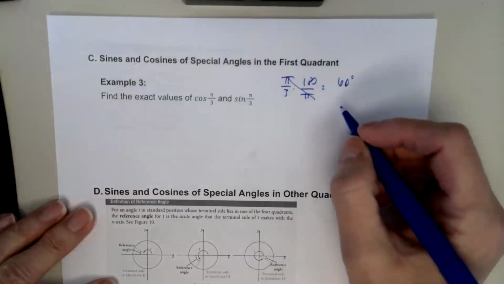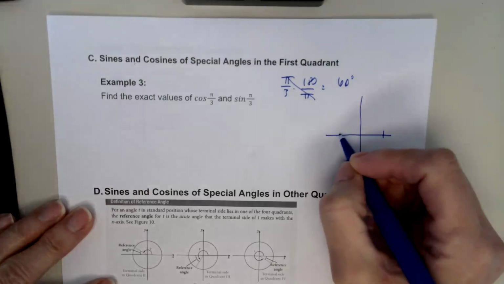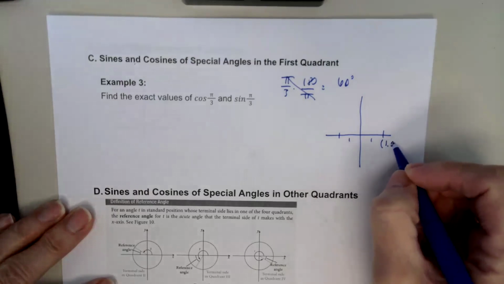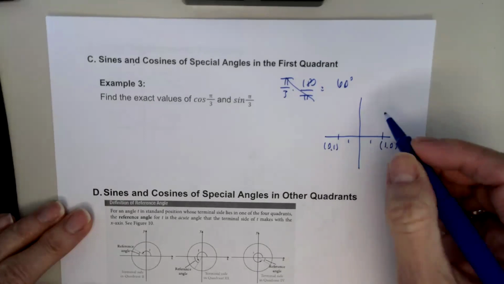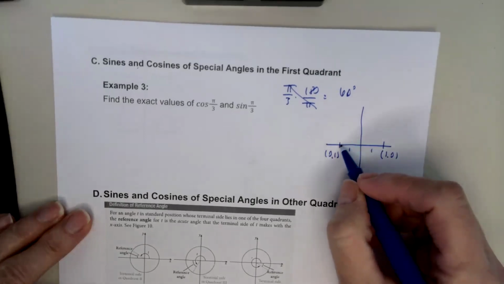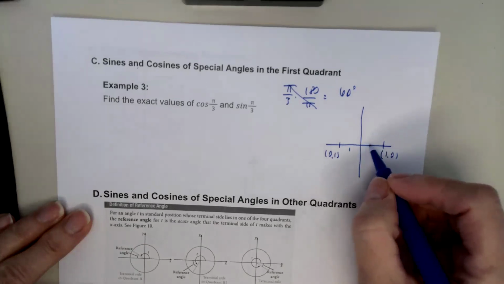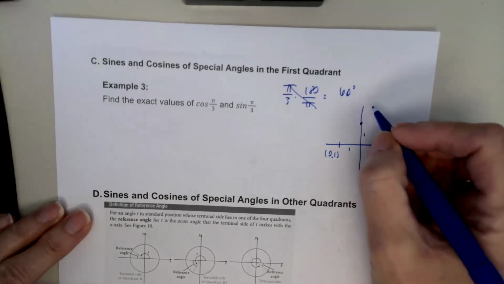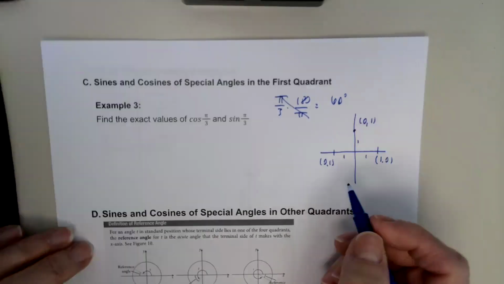So if we think of the unit circle, these are length 1, and this is the point (1, 0), and this is the point (0, 1).